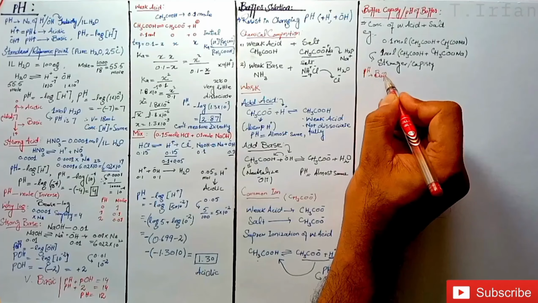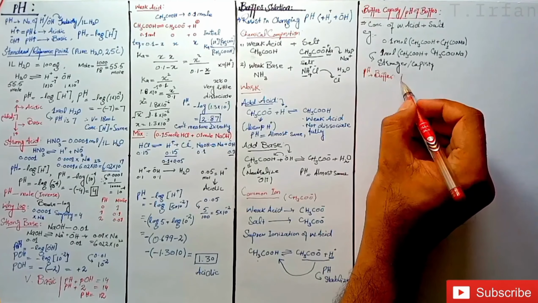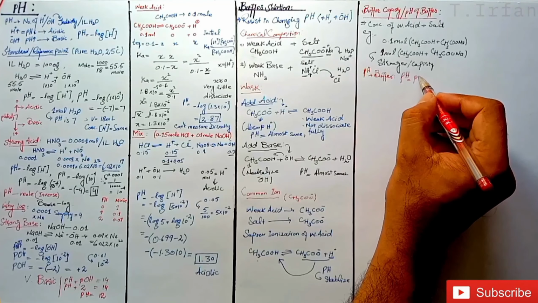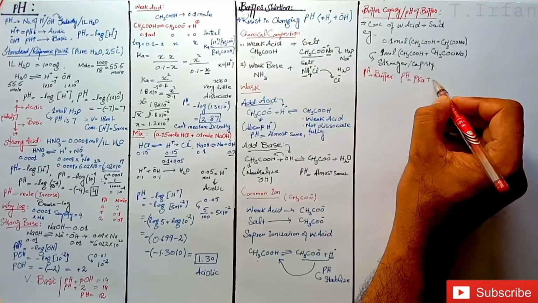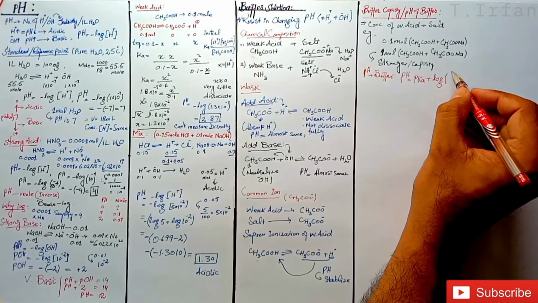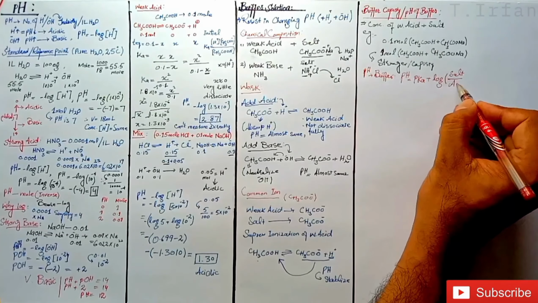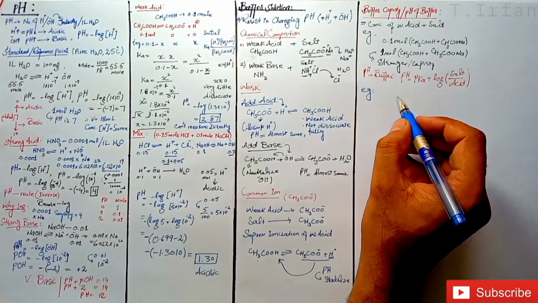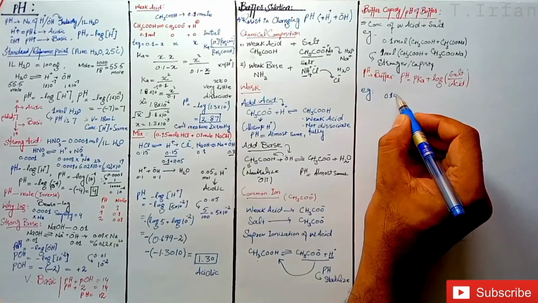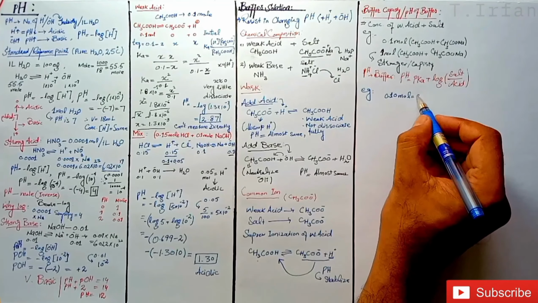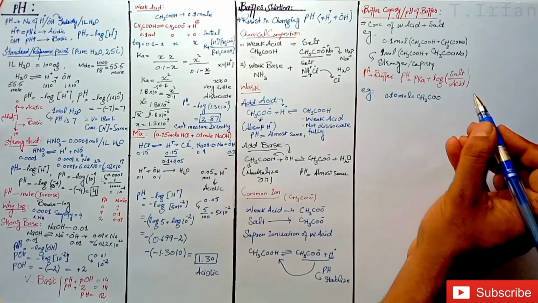A buffer solution has a specific pH, which we can calculate by using the Henderson equation. Through this equation, we can find out the pH of a buffer solution before and after adding acid and base to the buffer. This determines buffer capacity. For example, we make a buffer solution by mixing 0.1 mole of acetic acid and 0.1 mole of sodium acetate.